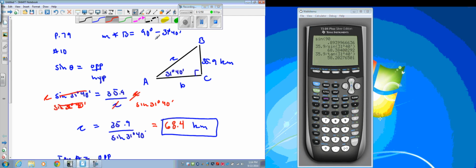So I'm just going to subtract this 31 degrees, 40 minutes from that. And we have to borrow 1 degree, 89 degrees, and then this is 60 minutes. So that gives us 20 minutes and 58 degrees. So that angle should be 58 degrees, 20 minutes. That's what this angle should be right up here.